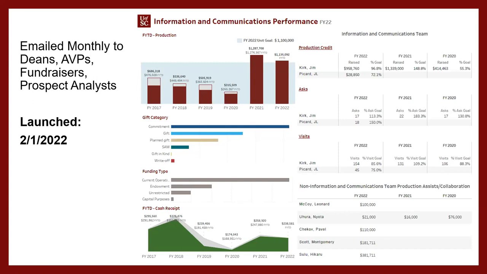When we first released the team performance dashboard, and our AVPs were starting to get it, there was an uptick in the amount of work people were putting in to make sure they were getting the right information there. And then it kind of levels off for a little bit. And then when the dean's dashboard goes out, people are very, very attentive to what their individual numbers are, knowing that this email is scheduled to go out the first of the month, no matter what.